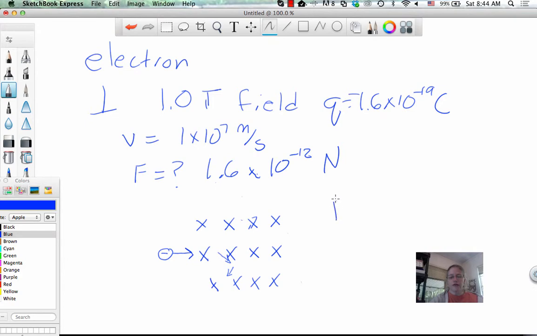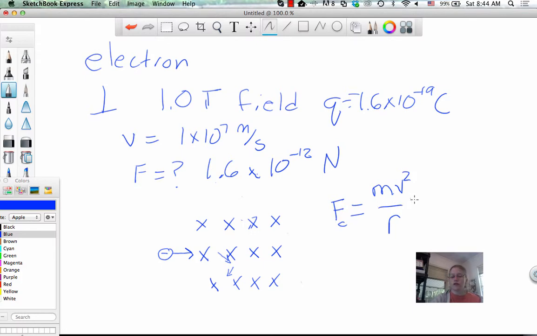The speed v is constant, because the force cannot change the speed of the electron. The force is always perpendicular to the motion, so it has no component in the direction of the velocity. It can't change its speed, it can only change its direction.